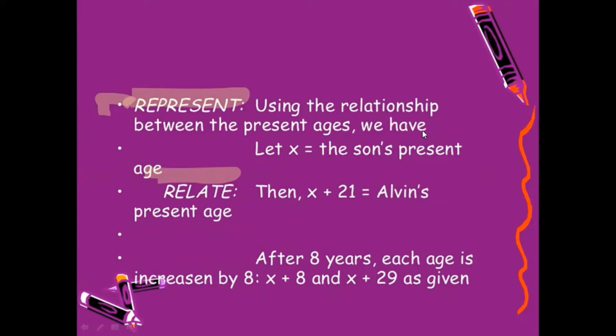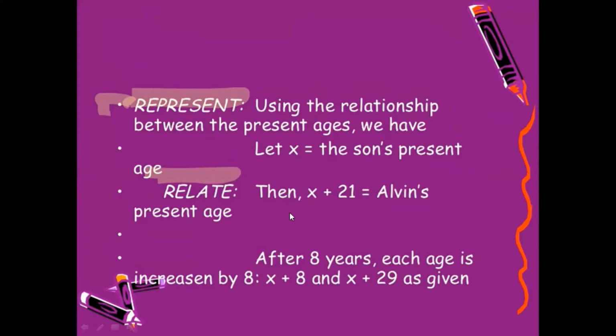It is so simple in the sense that we will have to take care of two things: represent using the relationship between their present ages. The younger one is his son, so let the age of his son be X years. Now according to the given condition, relate: Alvin is 21 years older than him, so X plus 21.